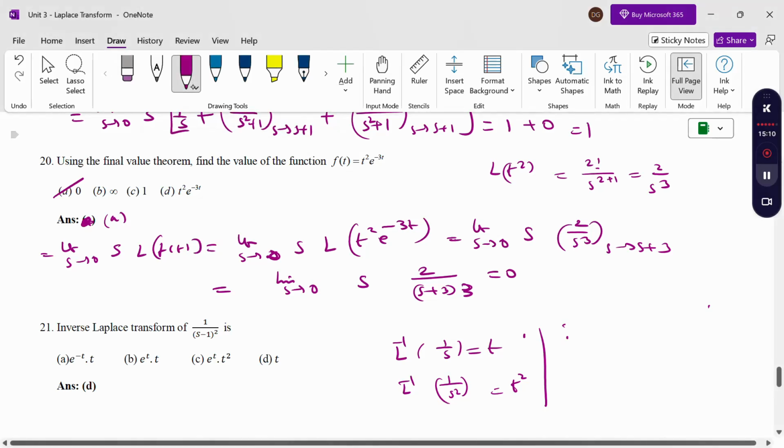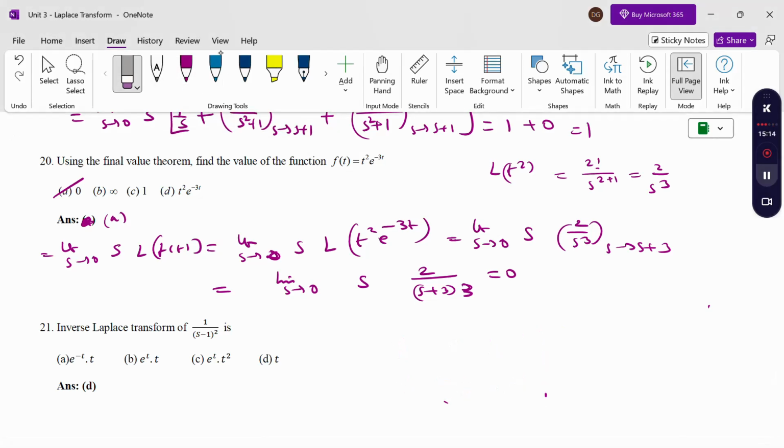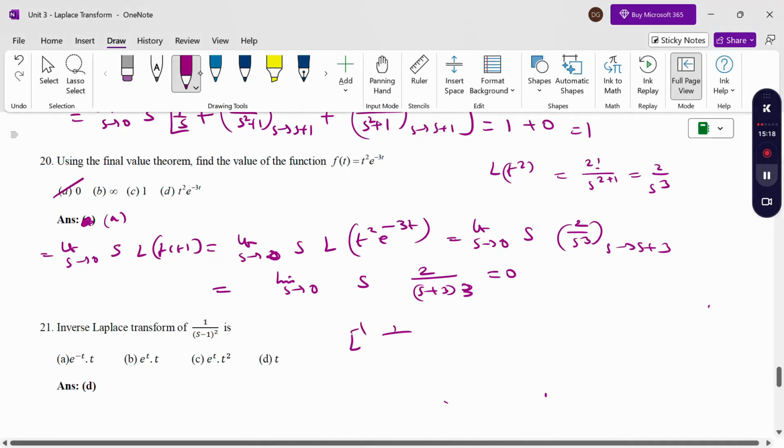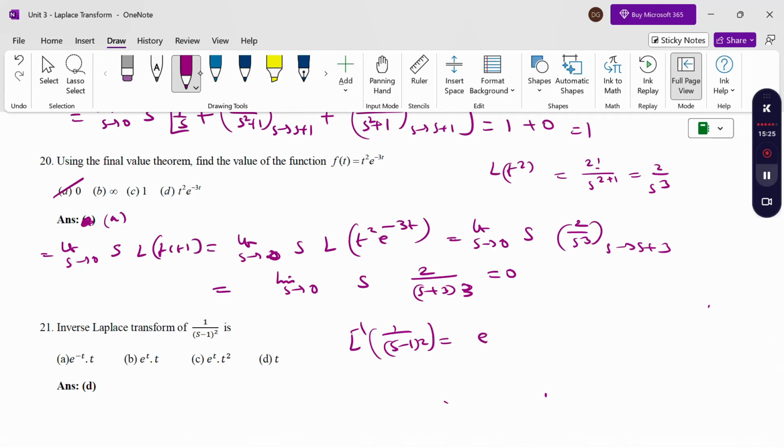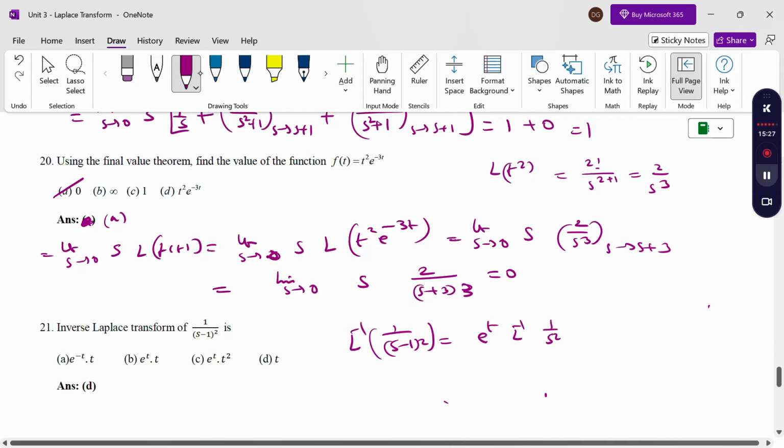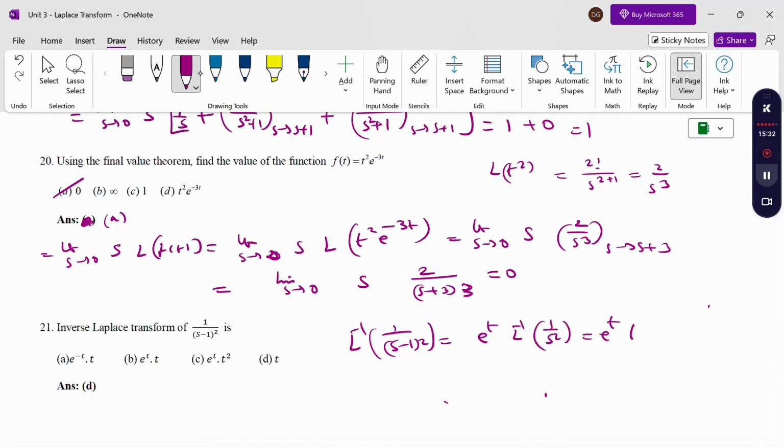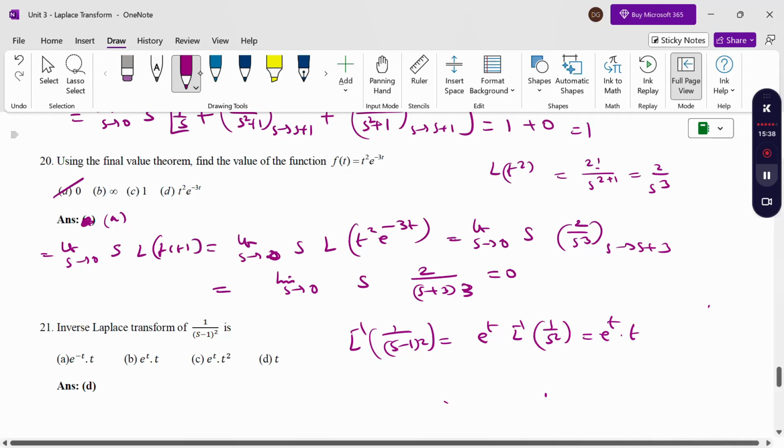To find this, when I remove s minus 1, it comes with e power t, L inverse of 1 by s square. 1 by s square is nothing but t. So e power t into t, the option is B.